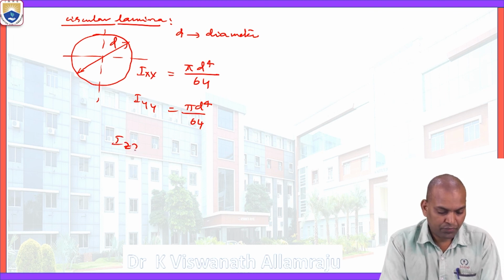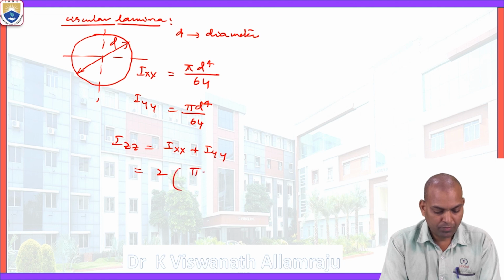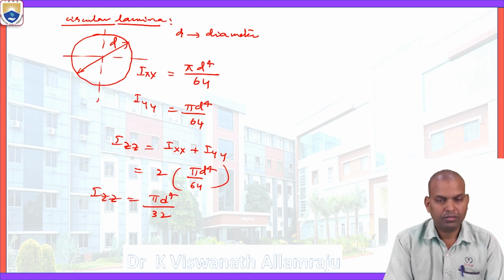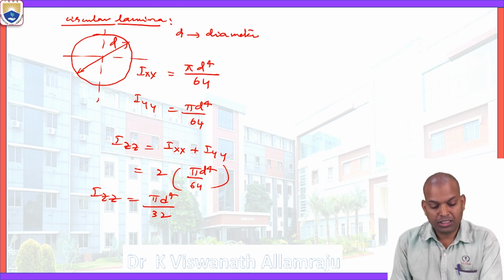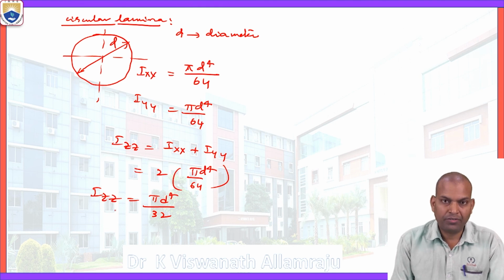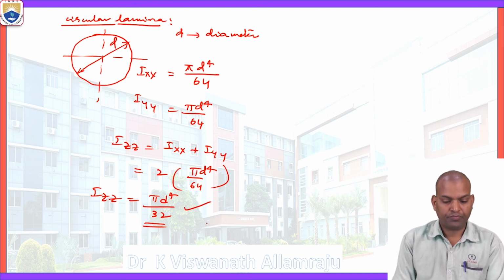About the z-axis, according to the perpendicular axis theorem, Ixx plus Iyy, that means 2 times pi d power 4 by 64, that is pi d power 4 by 32. Or Izz equal to 2 times Ixx or 2 times Iyy, so 2 times pi d power 4 by 64 is pi d power 4 by 32.